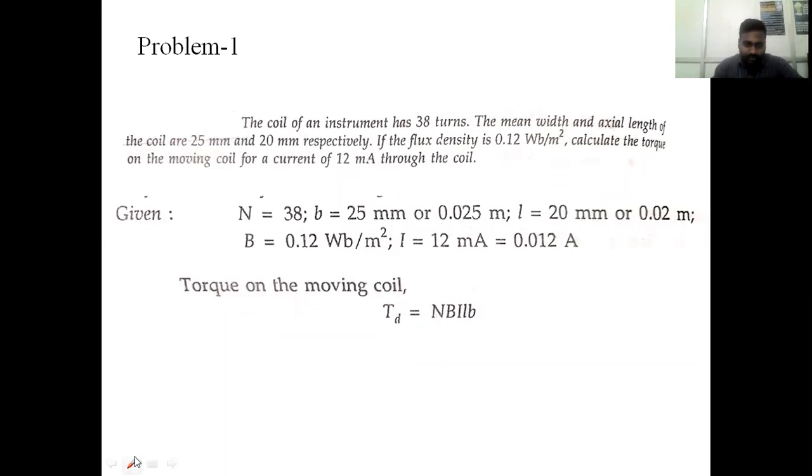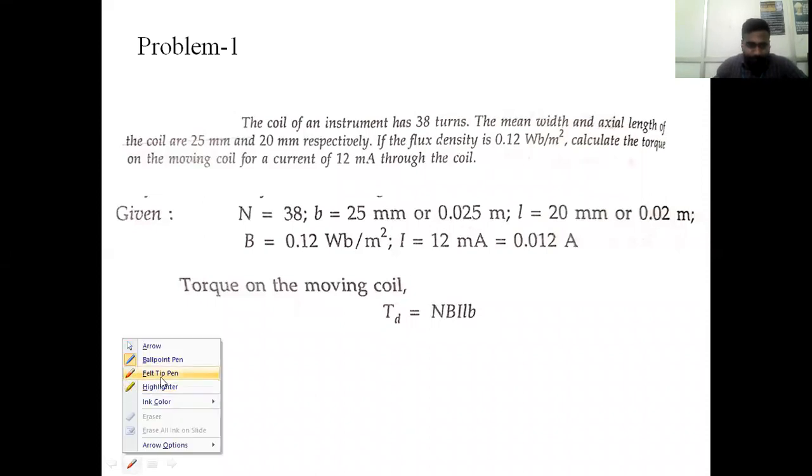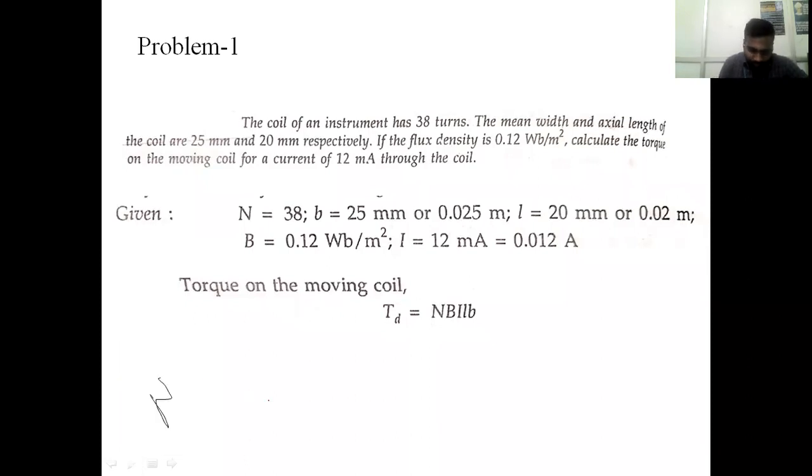Substitute the values here. What is the value of N?